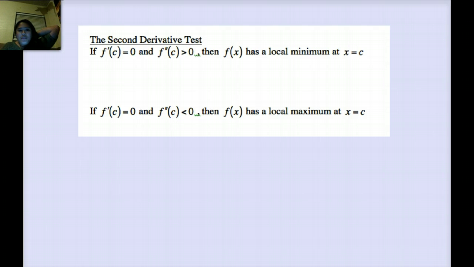So let's put this into our terms that we use in class. What is it called when I take a derivative and set it equal to 0? Alright, so this right here is the same as a critical number. Anytime I take my derivative, set it equal to 0, and I have an answer, that c is our critical number, right?